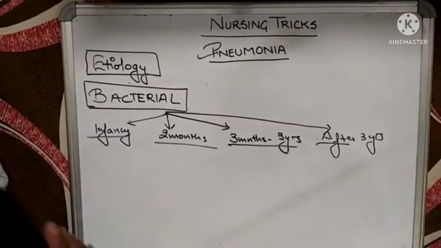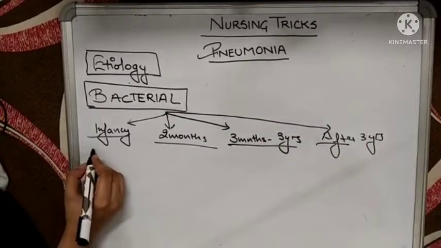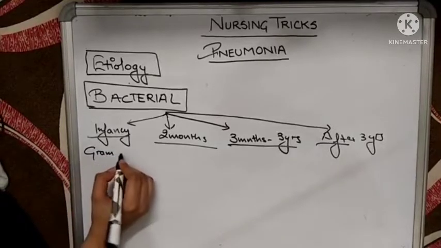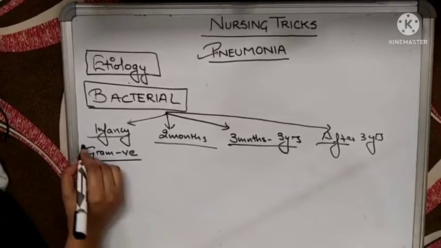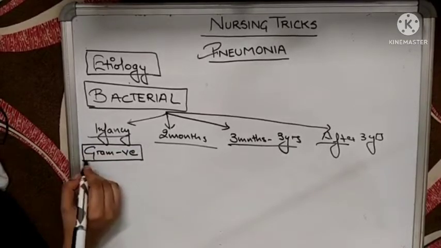Okay. So in infancy, it is the gram negative bacteria which is responsible for pneumonia in infants.